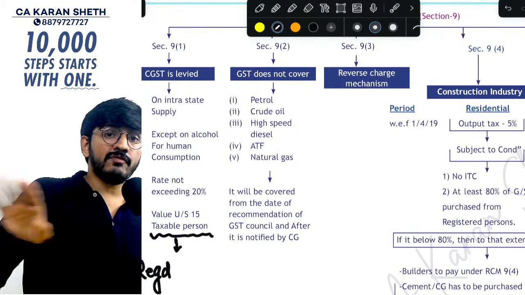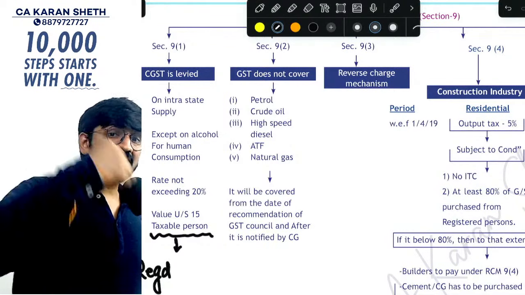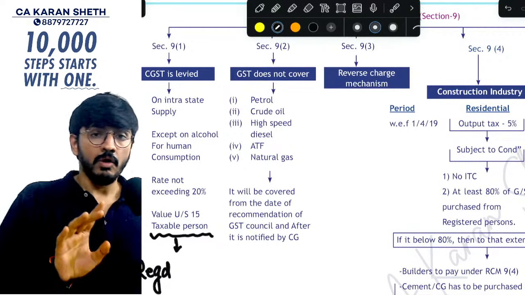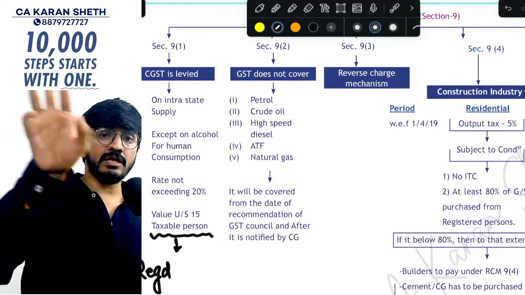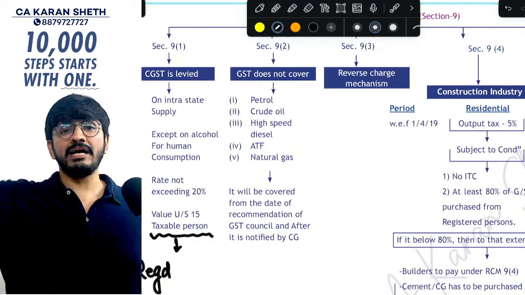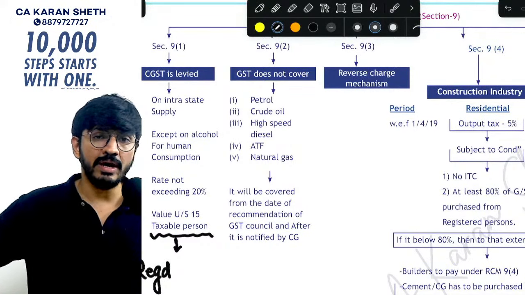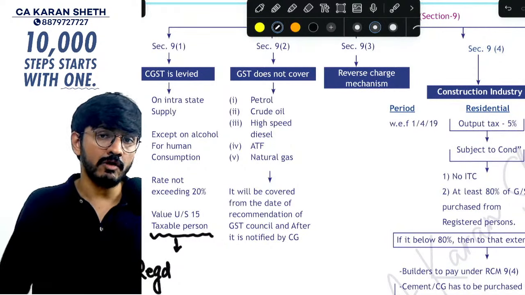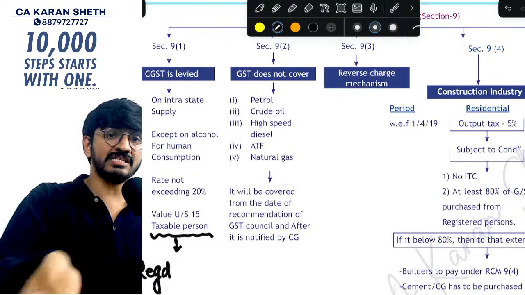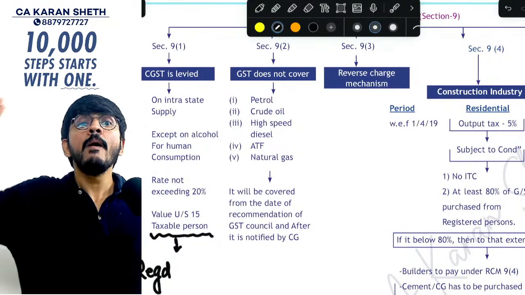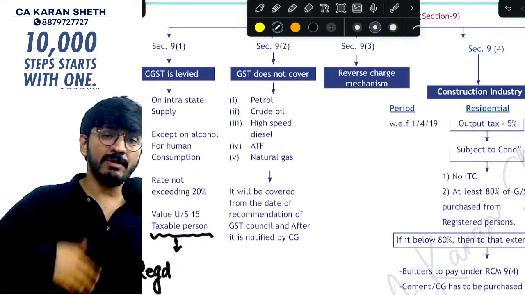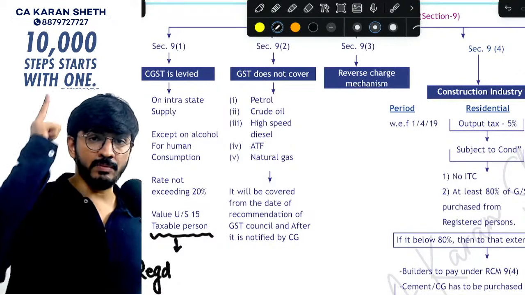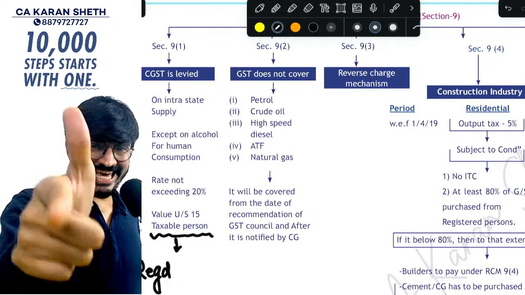So it is convenient for the government to ask the recipient to pay tax directly to the government rather than collecting from the many suppliers. That is why 9(3) is levied in most cases. But as and when we go to RCM, there are different reasons for different cases. We will understand when we get to it.